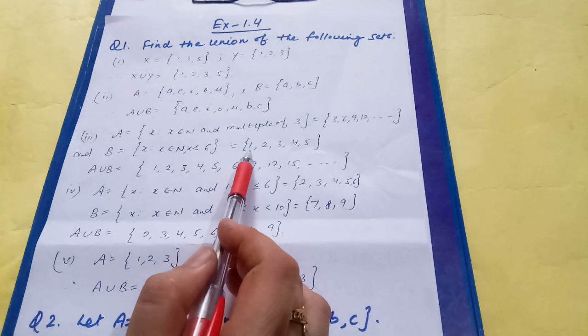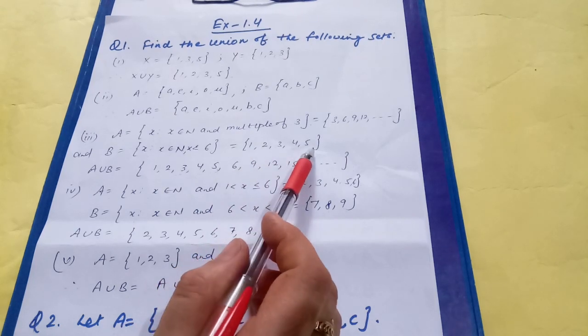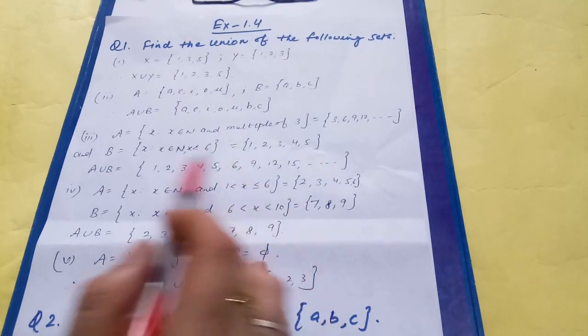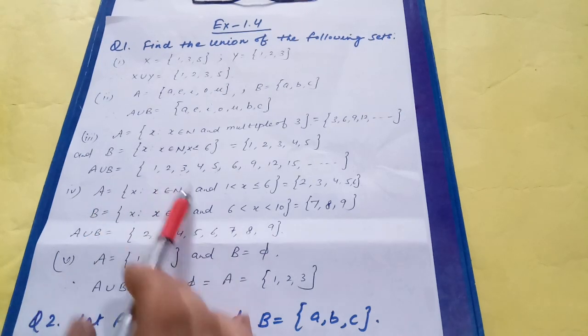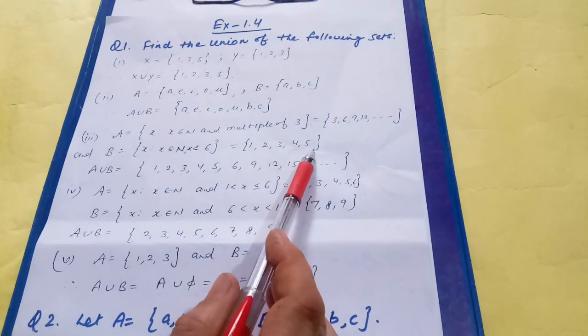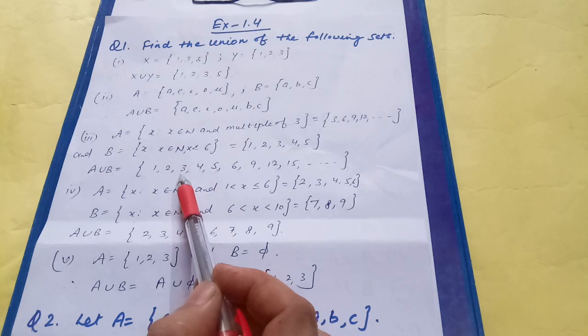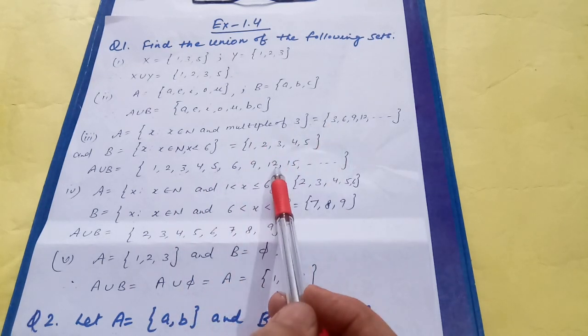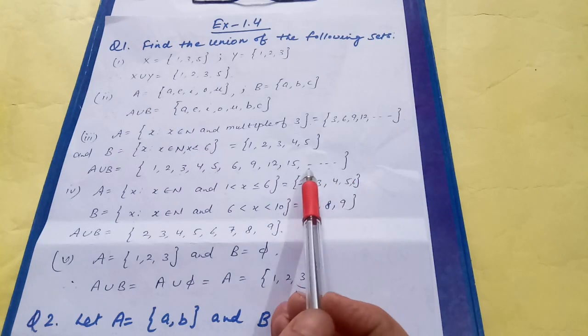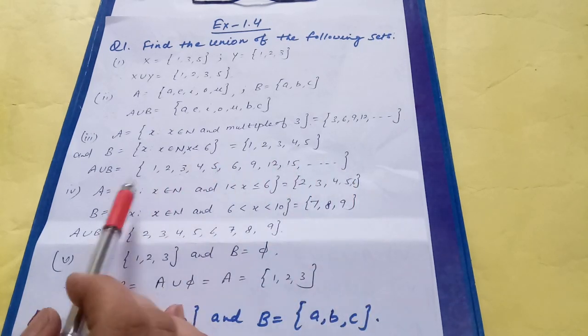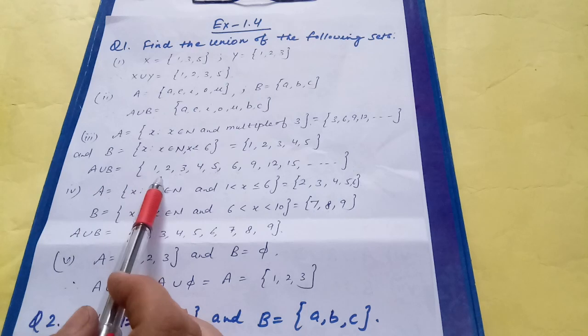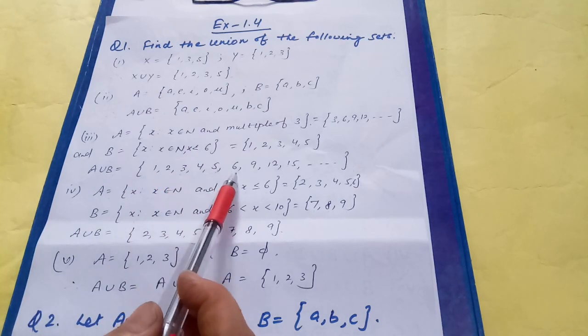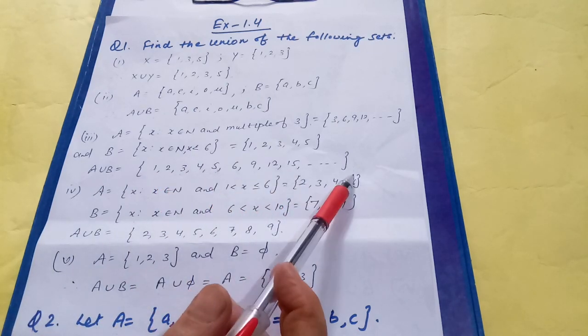Therefore it contains 1, 2, 3, 4, 5. So A union B is equal to 1, 2, 3, 4, 5, and here 3 is already written. Now next elements are 6, 9, 12, 15 and so on, because these are the multiples of 3. So A union B, again I repeat, is 1, 2, 3, 4, 5, 6, 9, 12, 15 and so on.